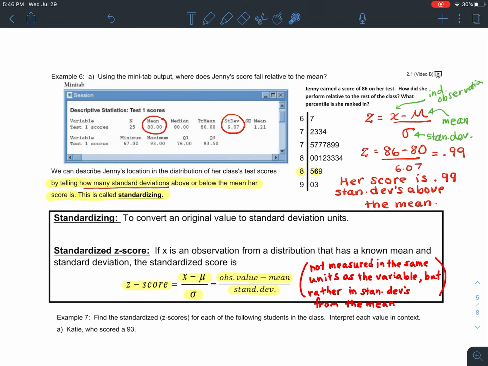Okay, something worth noting is that z-scores are not measured in the same unit as the variable. So when you say 0.99, that is 0.99 standard deviations, not 0.99%, because that's what these data pieces represent. Okay, it's in standard deviations from the mean.